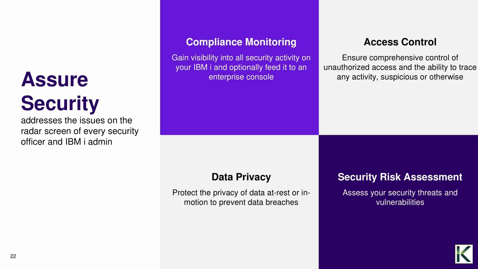One of the things that we do is operate within the security space, and particularly for the IBM i, we do that with a family of products called Assure Security, which covers a range of areas of security for the IBM i, from performing risk assessment on all areas of the machine through to specific areas such as data encryption, that's data at rest, data in motion, monitoring, whether it's database monitoring in terms of who's changing what, who's accessing data, or monitoring of security events with the IBM i, and then linking that up with your SIEMs, and then access control as well, controlling who's accessing what.